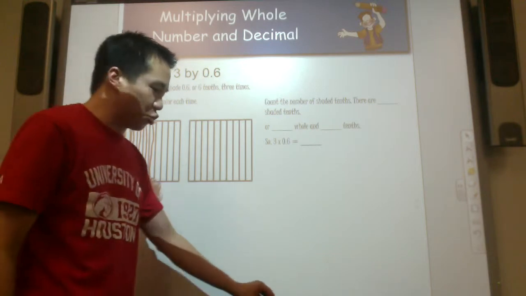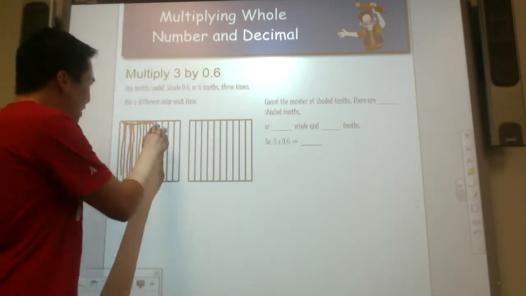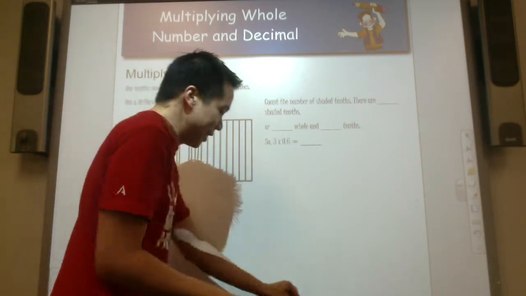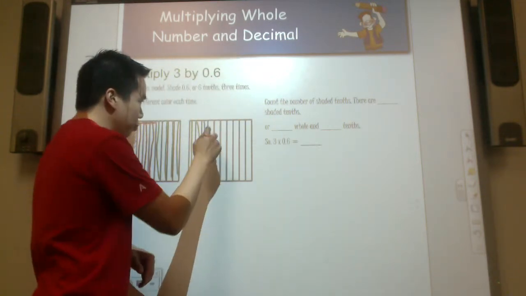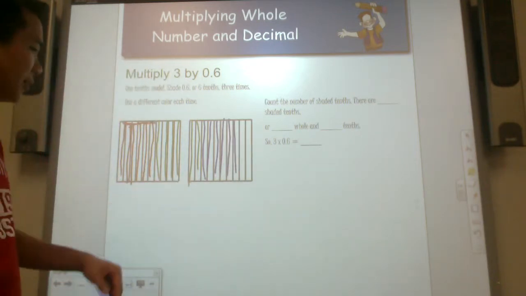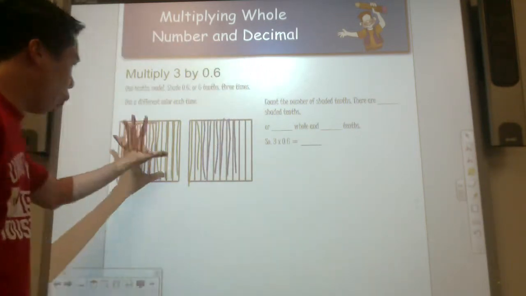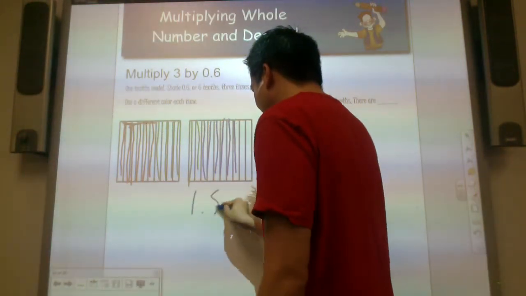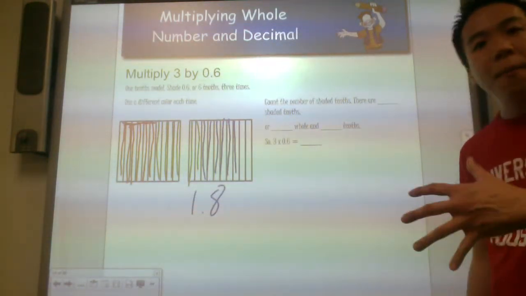That is the first group of 6/10. This is the second group of 6/10. And this is the third group of 6/10. So what do you have as your final answer? 1 and 8/10.